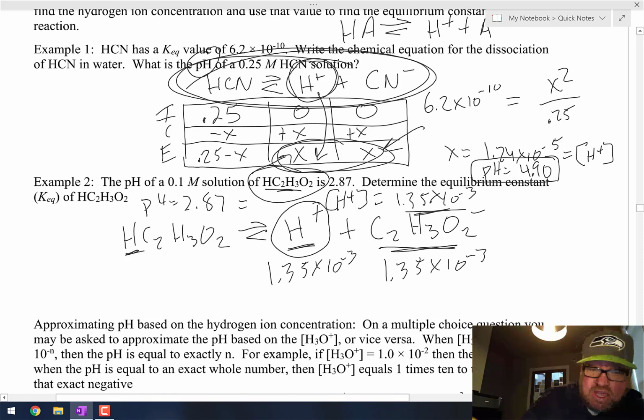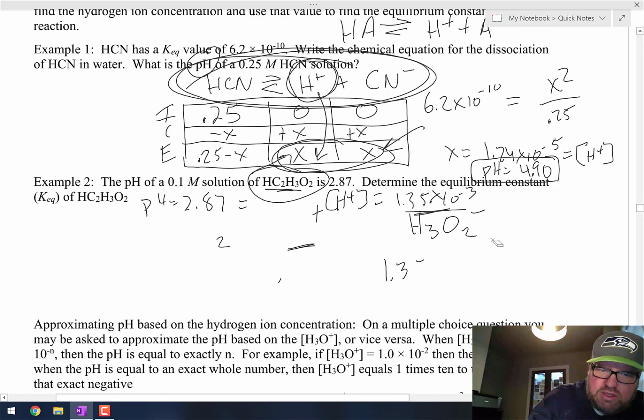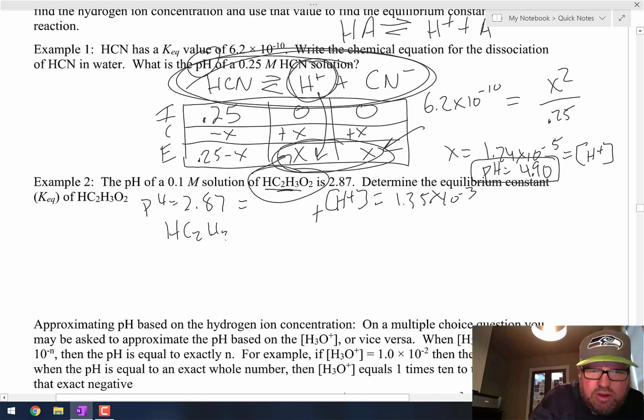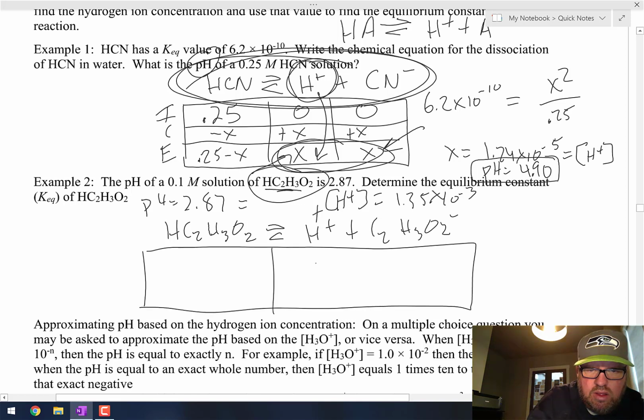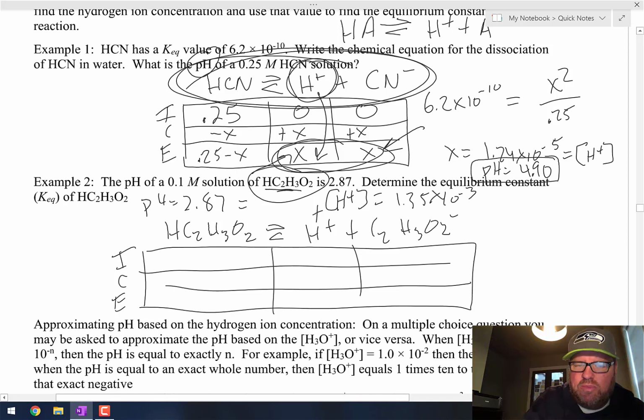Let me draw it a little bit better than this. Let me give myself a little bit of room. So if we were to make an ICE table here, H plus, C2H3O2 minus. At equilibrium, the hydrogen ion concentration is 1.35 times 10 to the minus third.